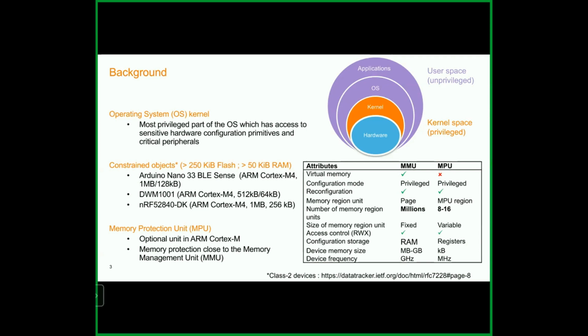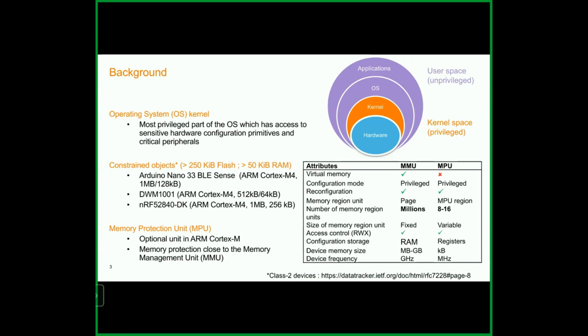user space. I also will speak about constrained objects, and constrained objects are defined as compared to their memory size. And so specifically, we focus on devices that are minimum 250 kilobytes of flash until 1 megabyte of flash, and around 50 kilobytes of RAM.